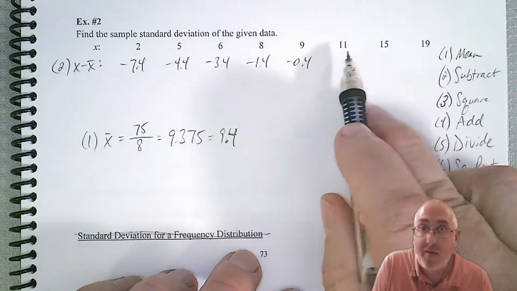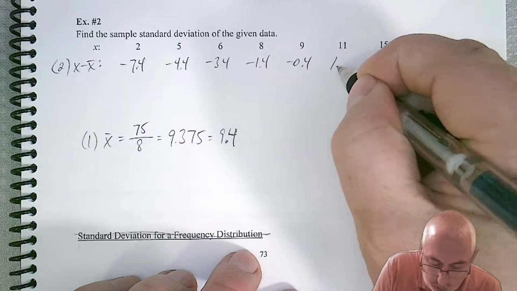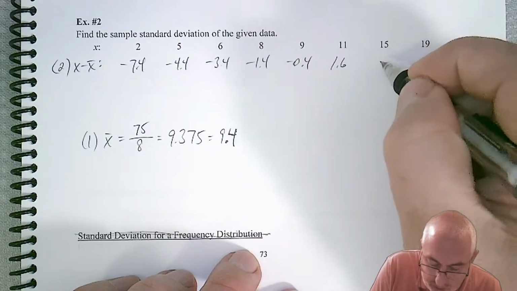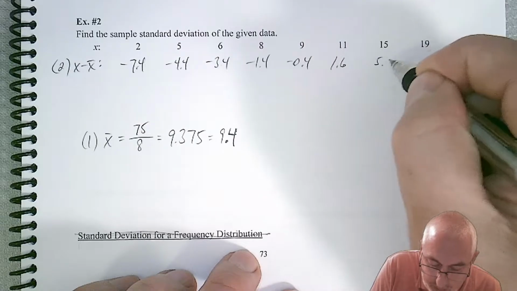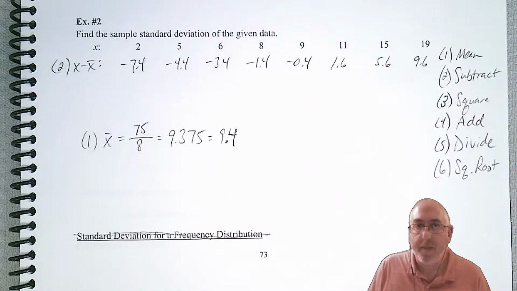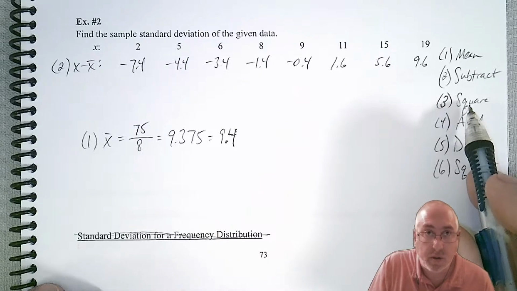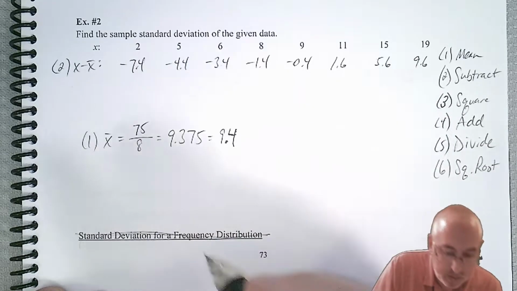And now we have numbers that are bigger, so we should get positive answers: 1.6, then 5.6, and then 9.6. All right, there's step 2. For step 3, we have to square those results, and again, no negatives.